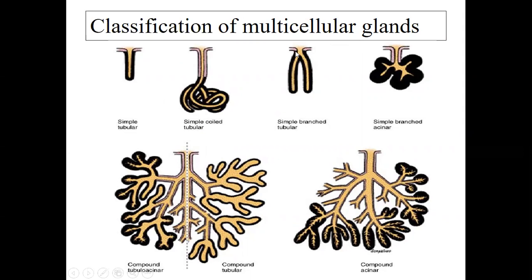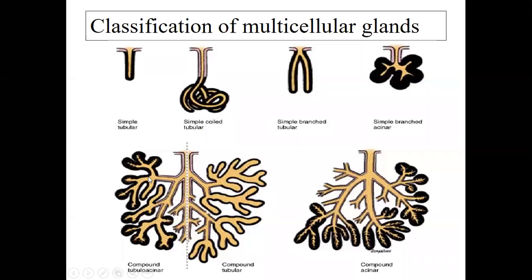Then we have the simple branched tubular, where the ductal portion is not branched, but the secretory portion is branched, and it is tubular in shape. And then simple branched acinar. You can see here the secretory portion is acinar in shape, like circular in shape. Here the tubular portion is not branched.